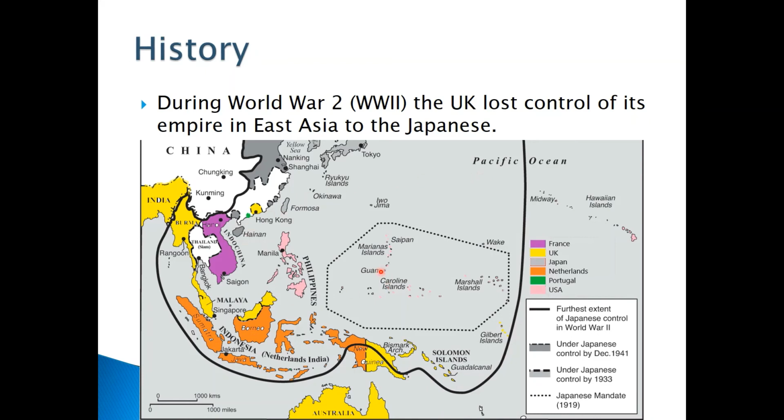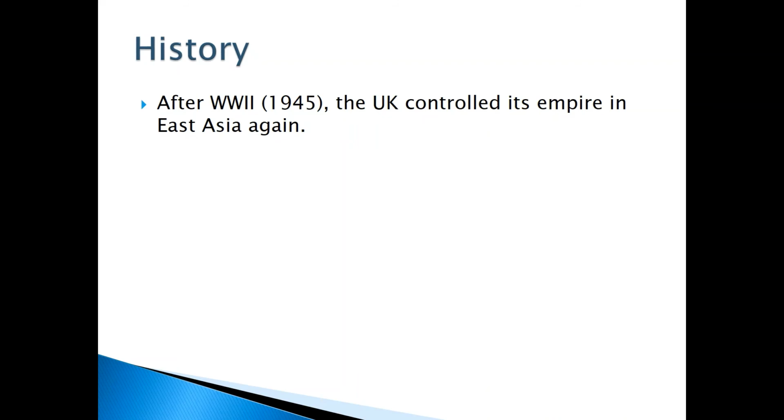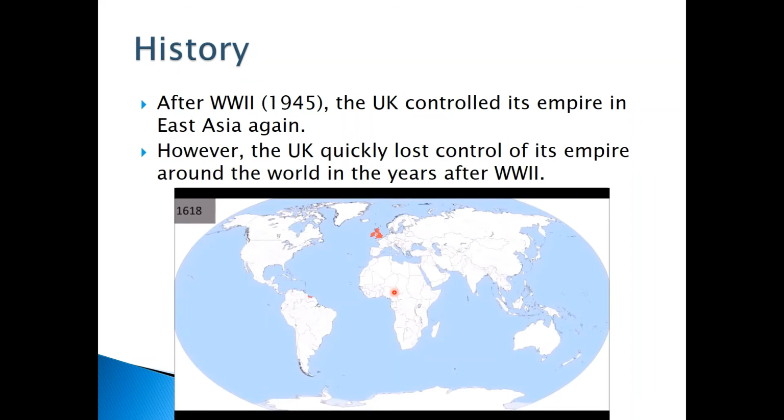So the UK lost control of its East Asian empire. After World War II, the UK controlled its empire in East Asia again. However, the UK quickly lost control of its empire around the world in the years after World War II.